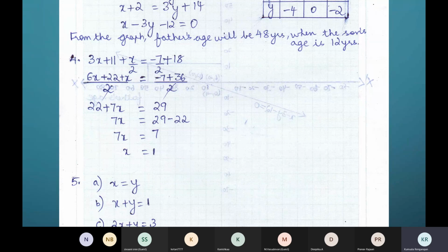If you treat this as a linear equation in one variable x, then it is represented by a point on a number line. Take the number line, show the markings 0, 1, 2, 3, minus 1, minus 2, minus 3, and so on. At 1, mark the point and write x is equal to 1 above it.